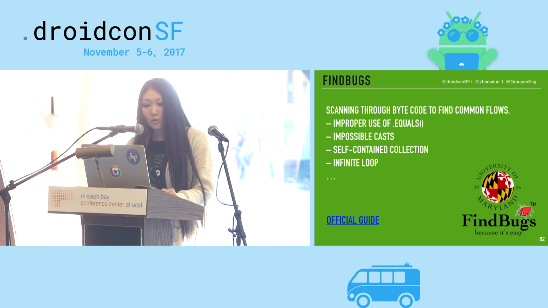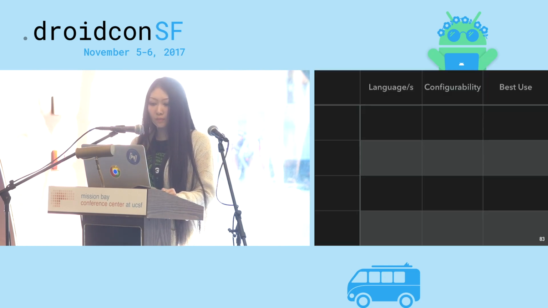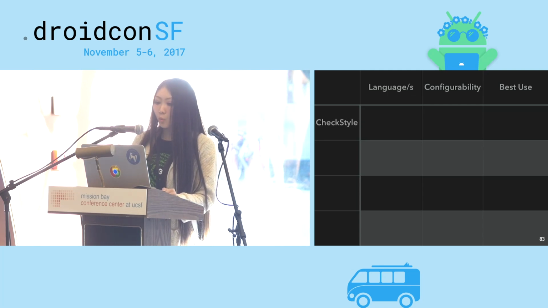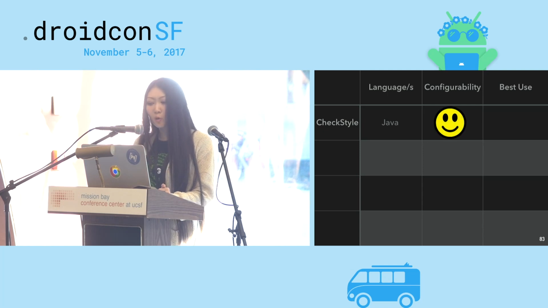So let's go into the comparison. First, we have Checkstyle, in terms of Android development. It works on the language of Java and is highly configurable. We use it for Java standard enforcement.